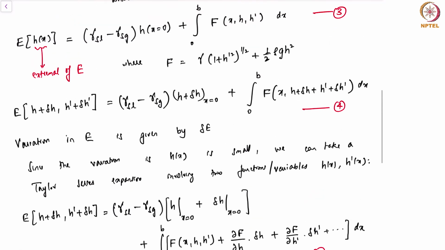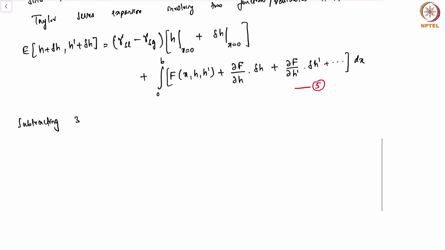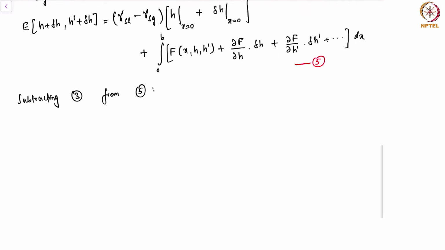We have the expression without any variation, given by equation 3. Subtracting 3 from 5, what do I have now? I have E at h plus delta h, h prime plus delta h prime, minus E at h and h prime.